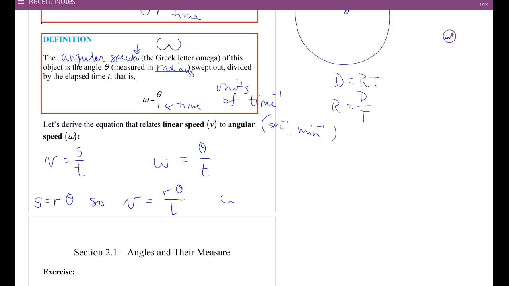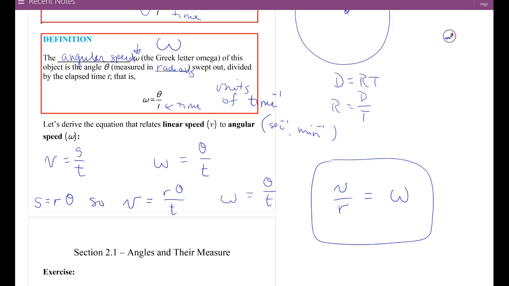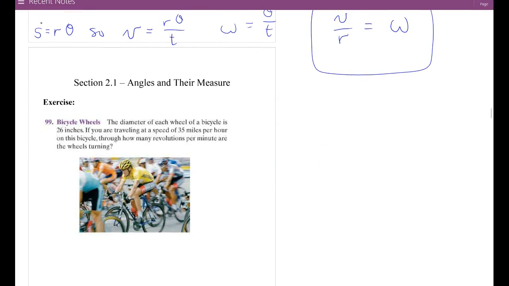Well, if v is r theta over t and omega is theta over t, can you see how they're related to each other? Where v over r equals omega. So this is another important equation that relates the linear speed to the angular speed. And we'll talk lots more about that, and we'll work on this application problem in class tomorrow.